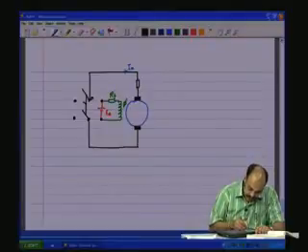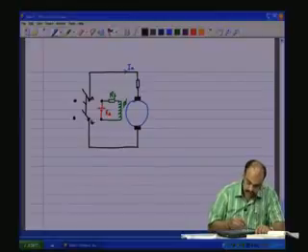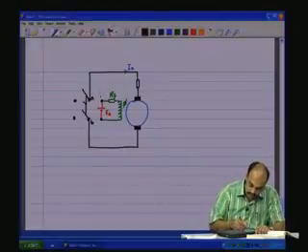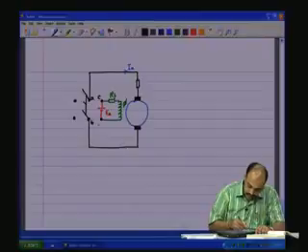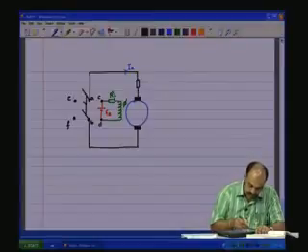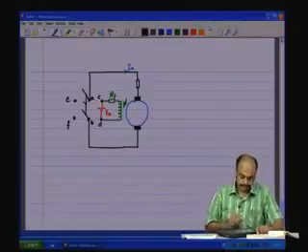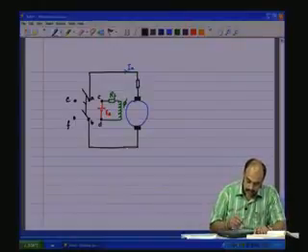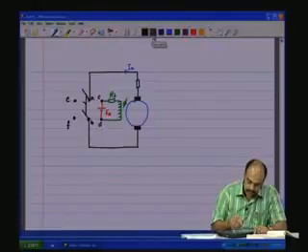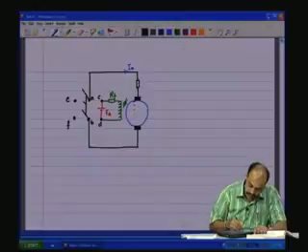Let us say A, B, C, D, E, F. Now, what we propose to do, this is the DC motor.